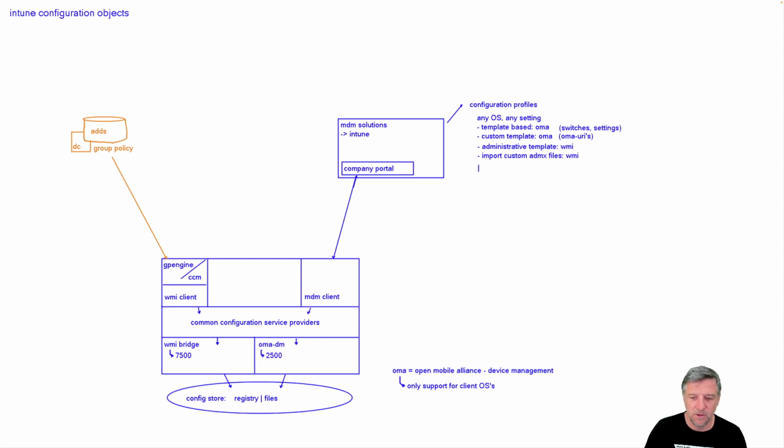So I want to make use of the settings catalog, and a settings catalog allows us to gather, well, different settings from different or many or any area in Windows. However, the options are limited.